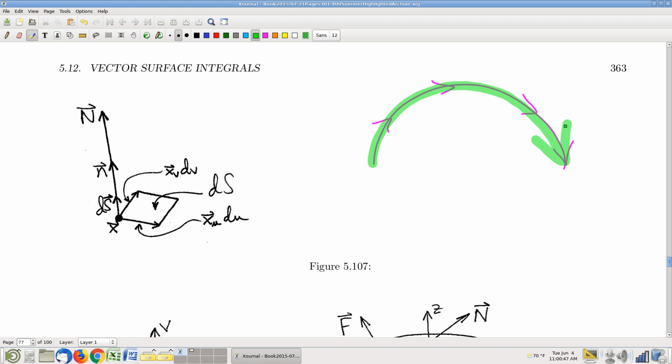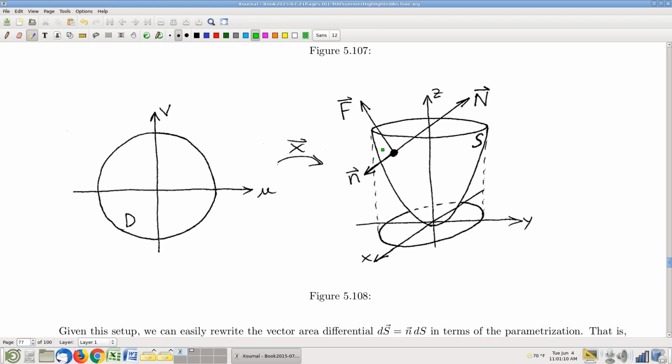When you're parameterizing a curve, you can just think about which direction this parameterization is going. What happens when t increases? As t increases, am I moving that way along the curve, or that way? The orientation is something that you can kind of see in the parameterization. It's not really like that with surfaces.